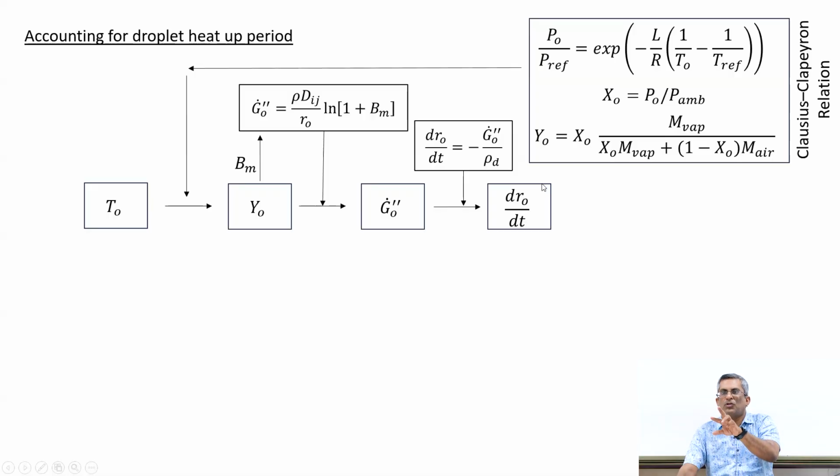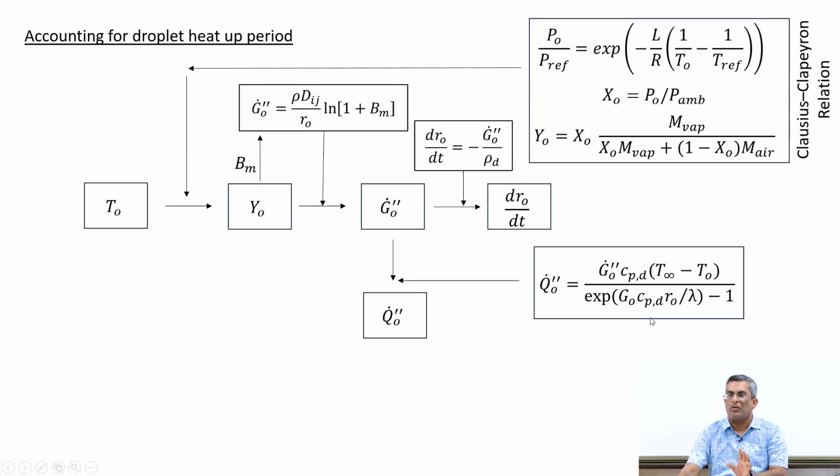But if we know G naught, we can also calculate Q naught. If you remember, we started from the energy conservation equation and derived an expression for G naught. So from that expression I can calculate Q naught when G naught is given and all other parameters are known.